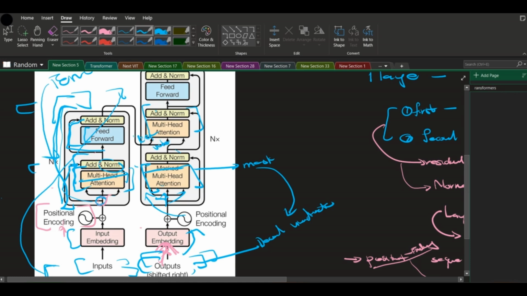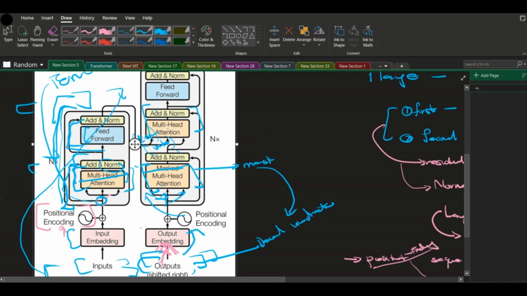Like I said, I will explain what these are when we get to the attention portion, and the intuition behind them. Essentially, the second sublayer receives the queries from the multi-head, and it gets the keys and the values from the output of the encoder, and that's how it works.